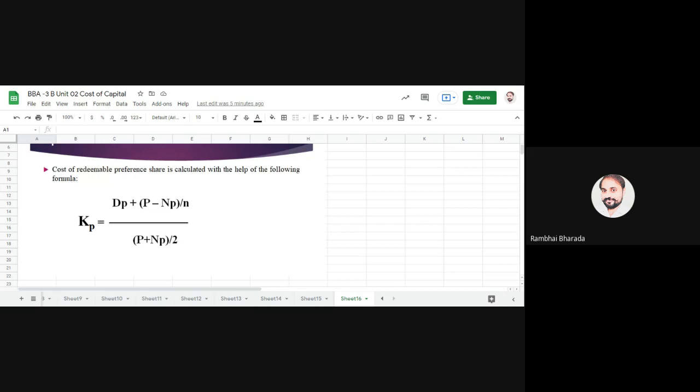So whether it is RP or redeemable value RV, in some books you will find RV or RP or only P. These all represent the value at the time of redemption. Are we clear?